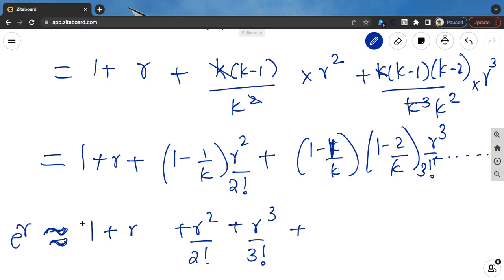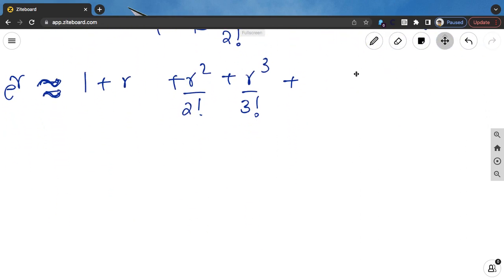From this compound interest formula, this is what we derived. So e raised to r means exponential growth. And what is this r denoting? Well, here it is the rate, or I can say it is growing for how long? Till r.